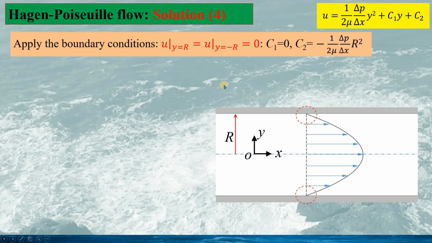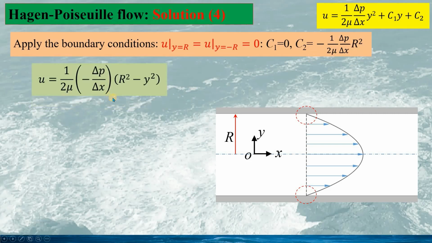So this would be 0, and from the general solution for u, we can obtain C1 equaling 0, C2 equaling this value. And we would have an expression for the velocity distribution u given as this. This is the solution of the velocity distribution.